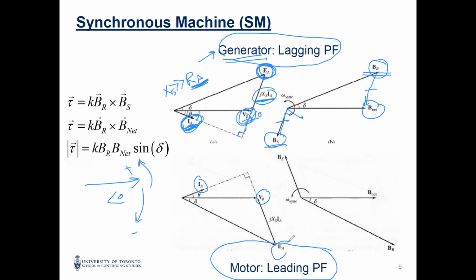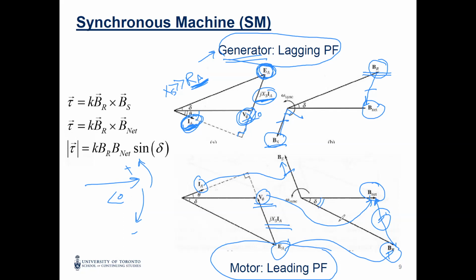So it's E again, but now E is minus this to get the V. And you can see the E, 90 degrees, you have the B, this is the net, and this is the rotor. If you move this one here, you will have exactly the same, right? So resultant plus the stator, it will be the net again.